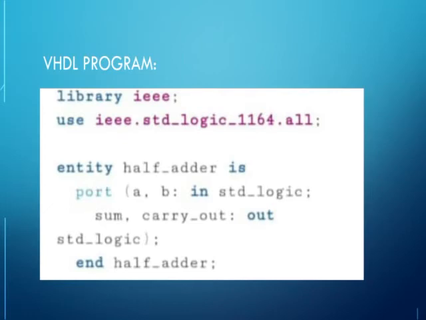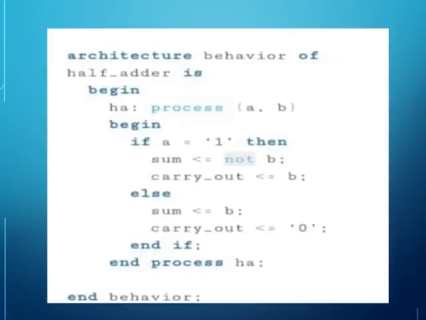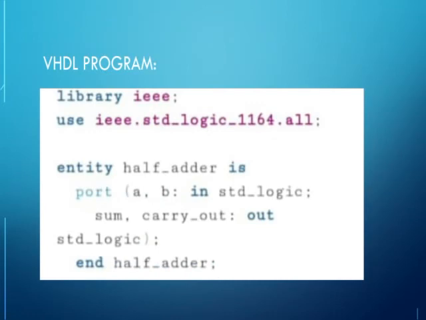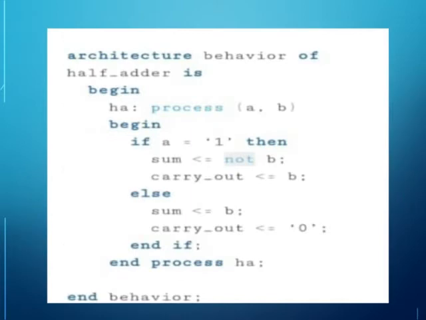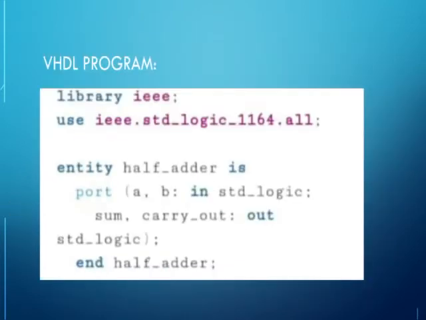For every VHDL program there are two different blocks, entity and architecture. In the entity block we have to define all the input and output ports, and in the architecture behavioral we use the process. Coming to entity half adder, port of A, B in std_logic are the inputs, and sum and carry out, out std_logic, are the outputs.